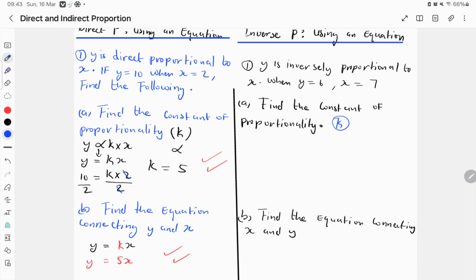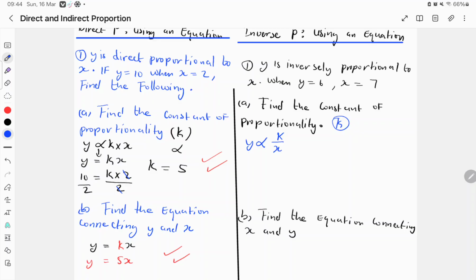Okay, so how do you find it? Now when it comes to inverse, you don't start off the same as with direct, and you may ask what's the difference. This is the difference. With inverse you say y is inversely proportional to 1 over x, and you can put k there: k over x.